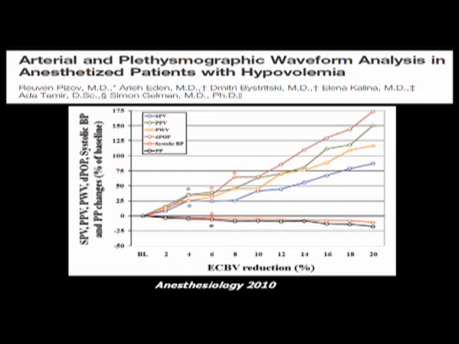But when you look at the respiratory variation in the plethysmographic waveform, very quickly, you observe an increase in the delta POP and in other parameters derived from the plethysmographic waveform. It means these patients have no decrease in mean arterial pressure, they bleed, and the respiratory variation in the plethysmographic waveform increases very quickly. So these parameters are also early detectors of hypovolemia.